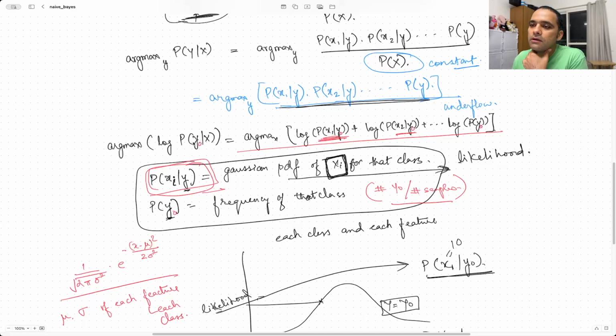Similarly, we need to calculate the posterior probability for each of the classes y0, y1, whatever the number of classes there are. And these are the likelihoods given the class, that particular class. So we need to first initialize, switch back to the code.